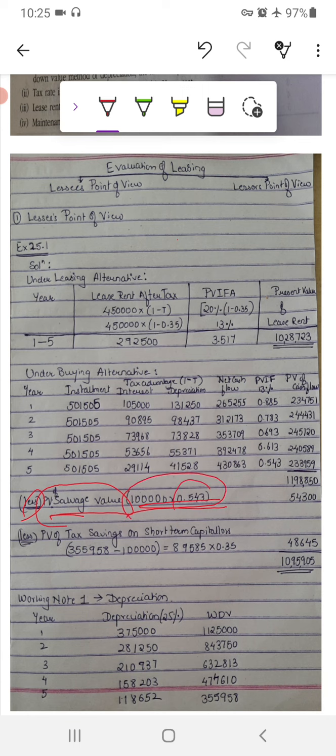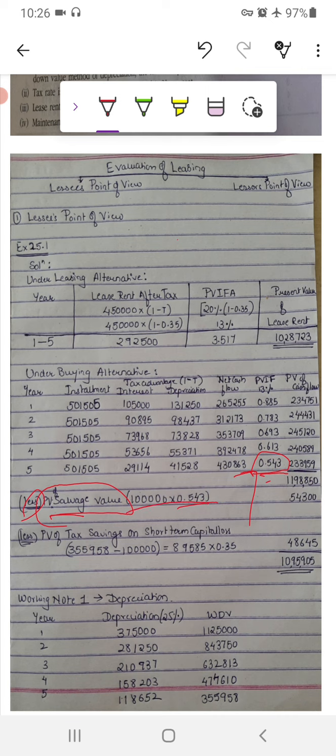Okay, that is 0.543. That is your last year's lump sum factor. Okay, I'll just erase this and do it again. Okay, so 0.543 is nothing but the last year's present value factor, lump sum factor.